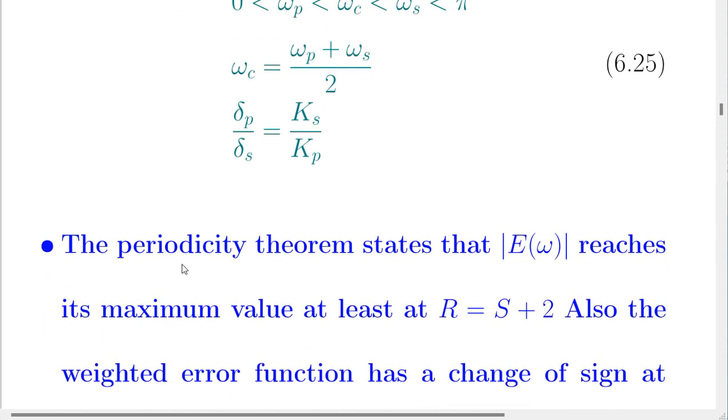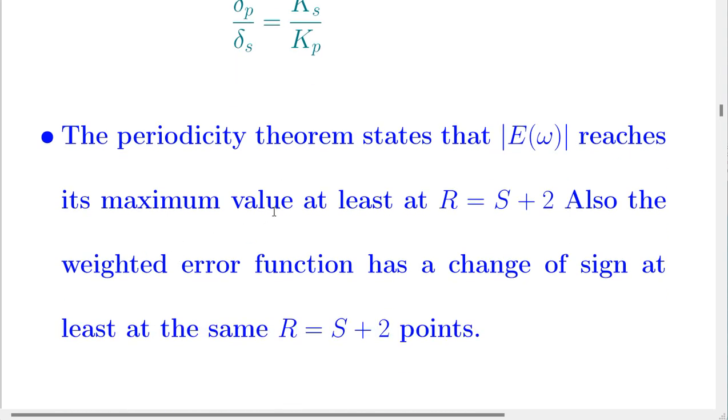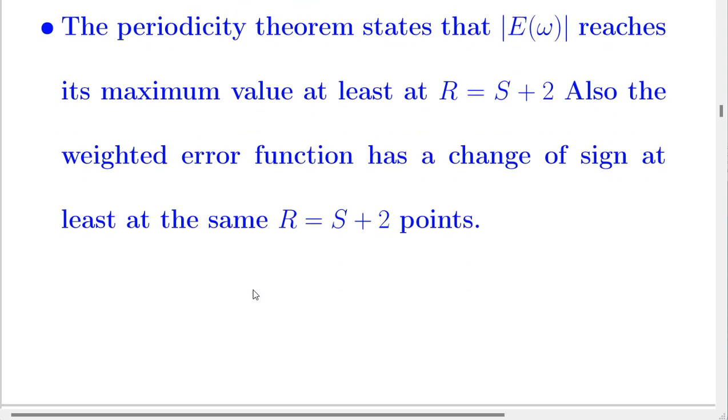Okay. The alternation theorem states that the absolute value of E reaches its maximum value at least at R equal to S plus 2 points. Also, the weighted error function has a change of sign at least at the same R equal to S plus 2 points.